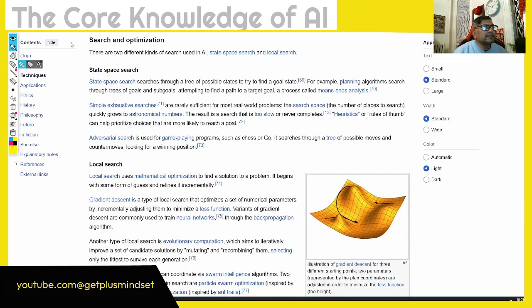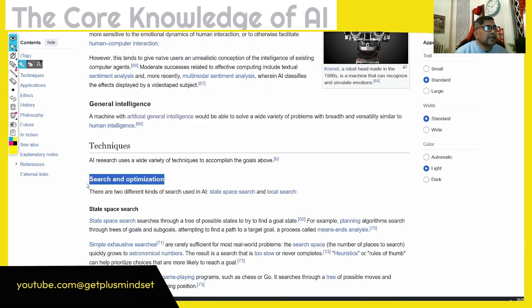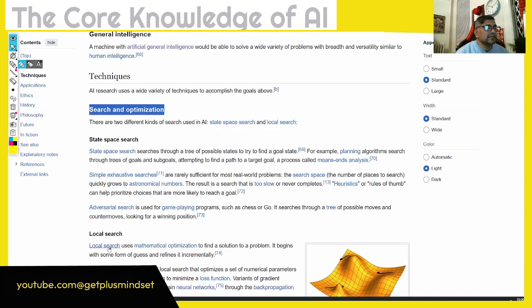It is very interesting that search and optimization are two techniques that AI researchers widely use in their work. So it is like local search, state space search. What exactly is local search? It is a mathematical optimization.